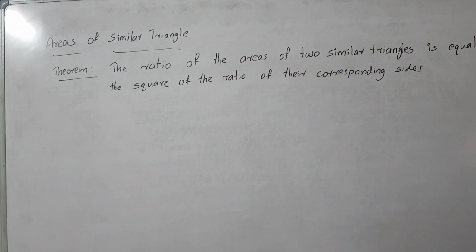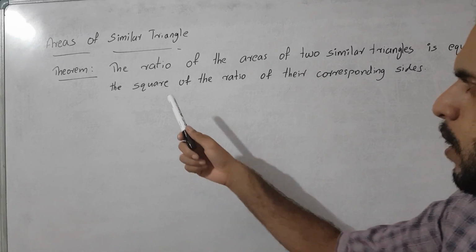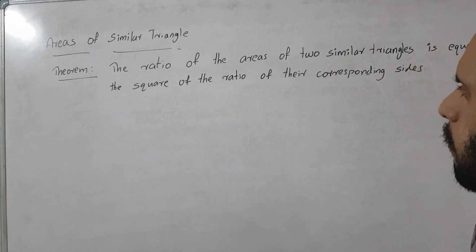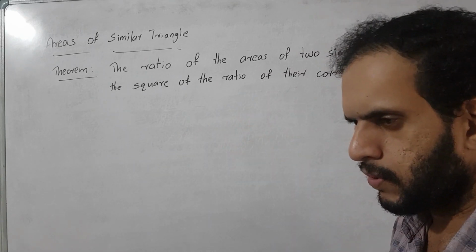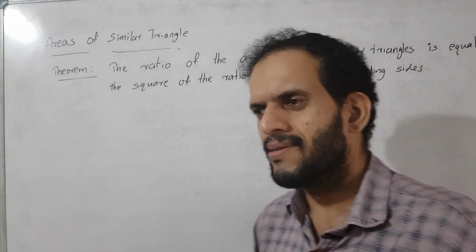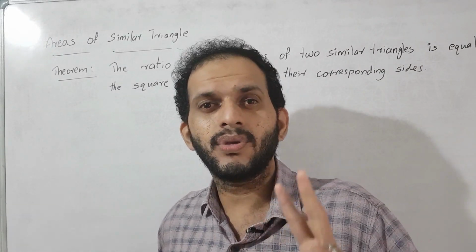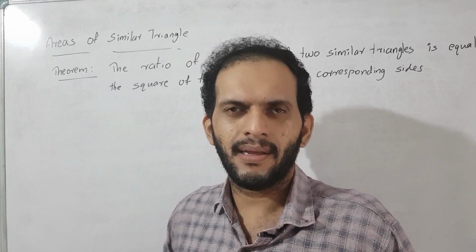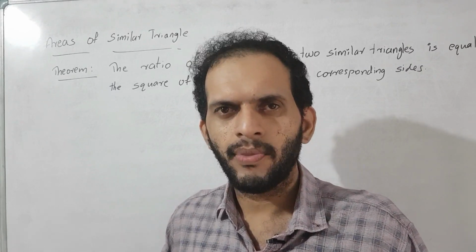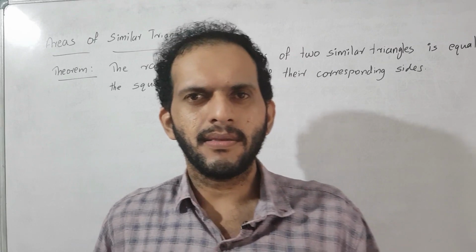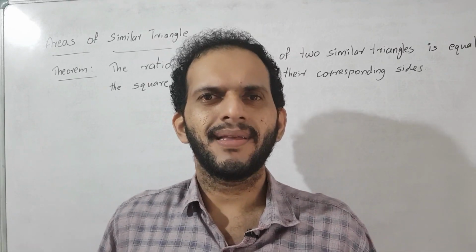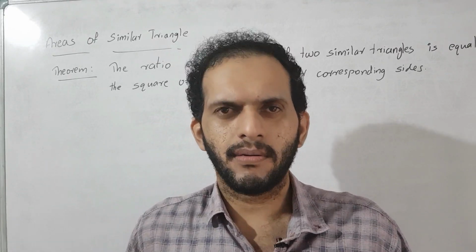The ratio of the areas of two similar triangles is equal to the square of the ratio of their corresponding sides. That means the theorem says the relationship between the ratios of areas of two similar triangles and their corresponding sides. This is applicable only if the triangles are similar.